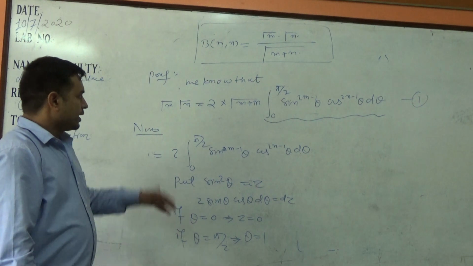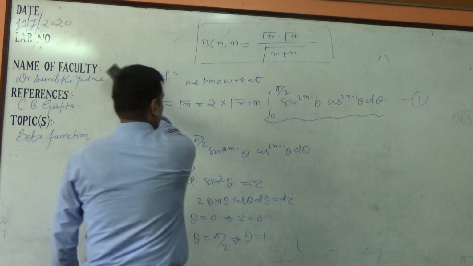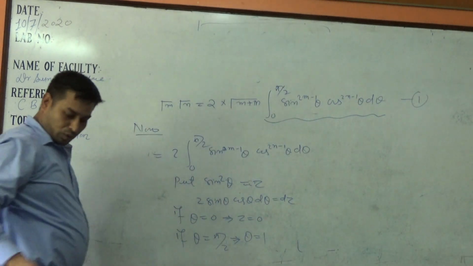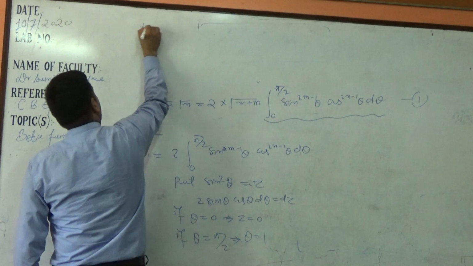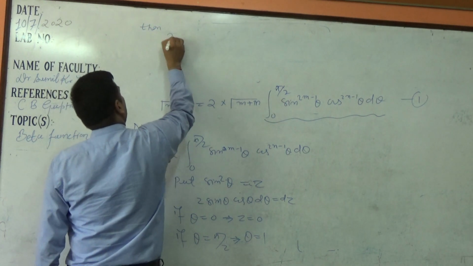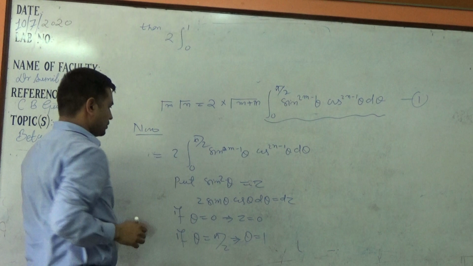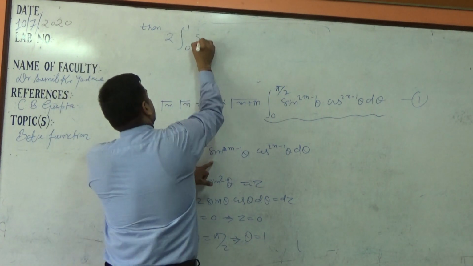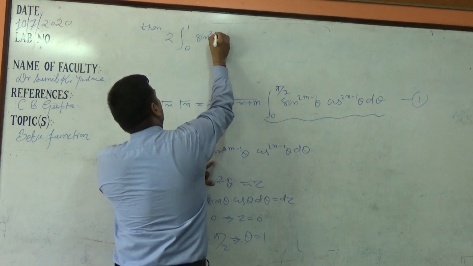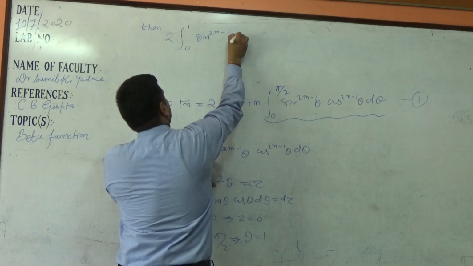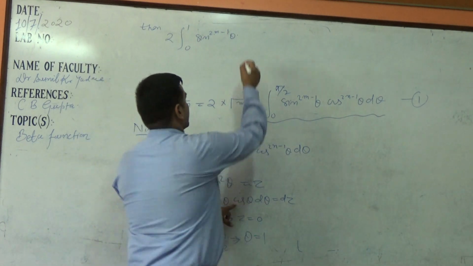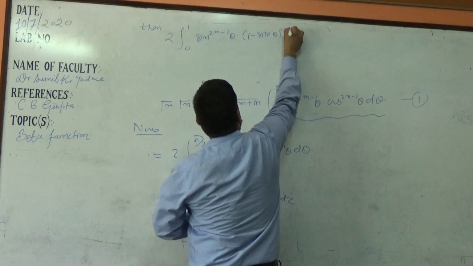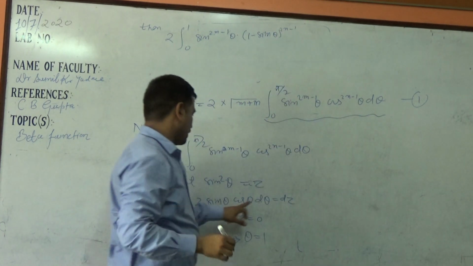Now we substitute this value. Then the integral from 0 to 1, with sin square theta as z, becomes sin raised to the power 2m minus 1 theta into cos, that is 1 minus sin square theta raised to the power 2n minus 1, into dz.